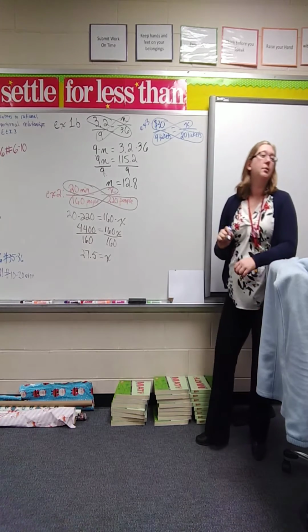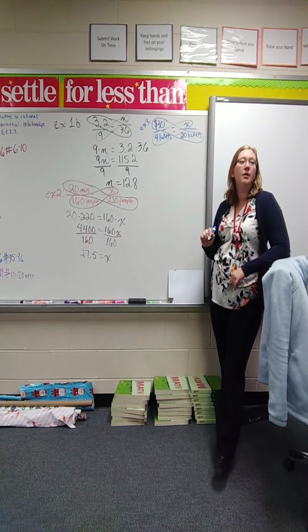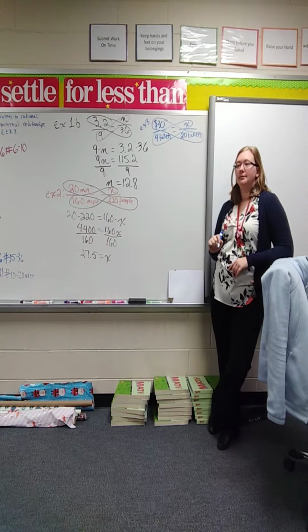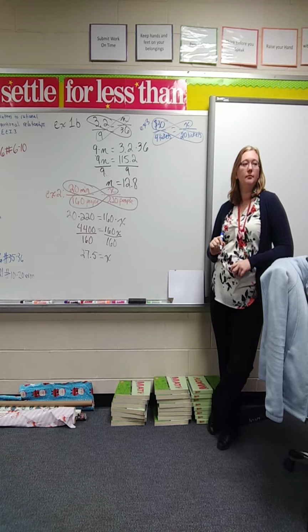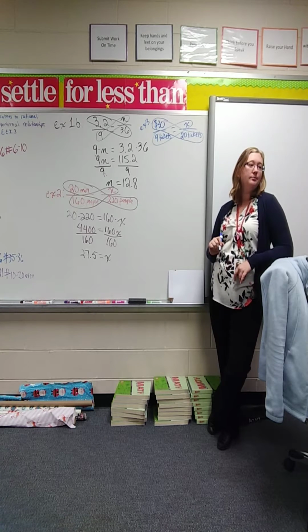When I cross multiply, what does my first line of the algebra work look like? Someone from a different group.